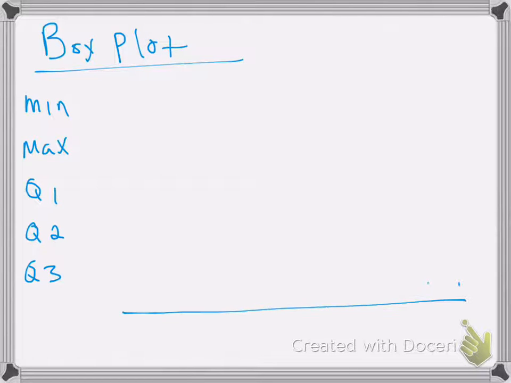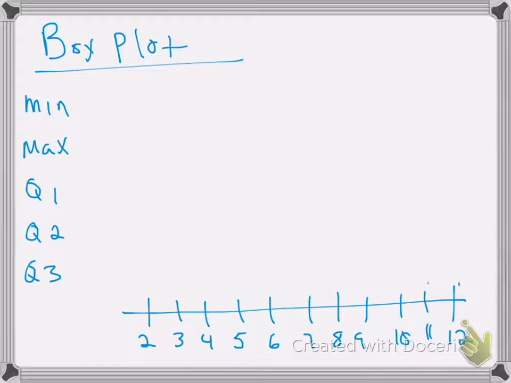All right, so I'm going to put a number line again. 2, 3, 4, 5, 6, 7, 8, 9, 10, 11, 12. All right, so we need to find our min, our max, our Q1, Q2, Q3.